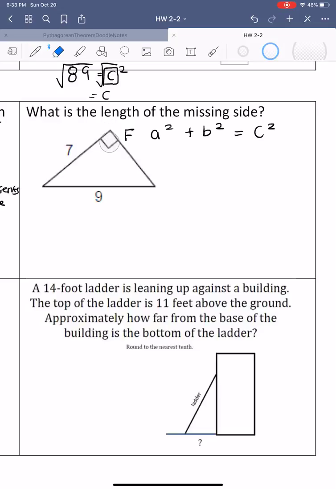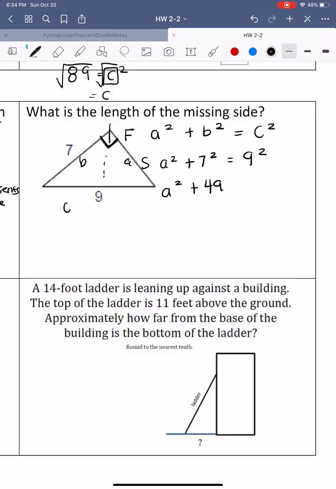So here's my arrow pointing to c, and then we can label our other two legs as a and b. So we're going to have a squared plus 7 squared equals 9 squared. So that's how I substitute. And then for my solution, a squared plus 49 equals 81.